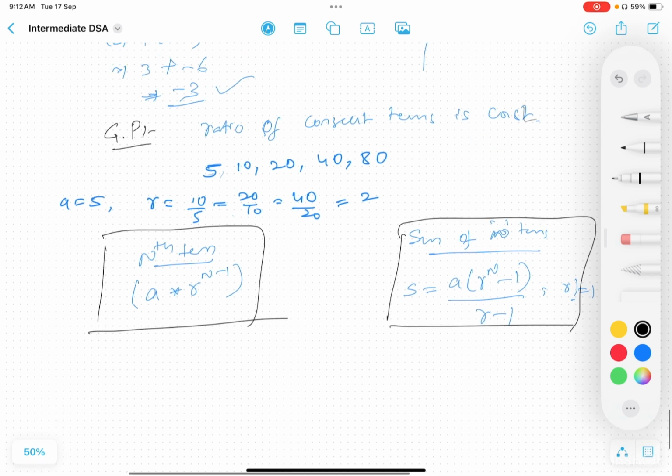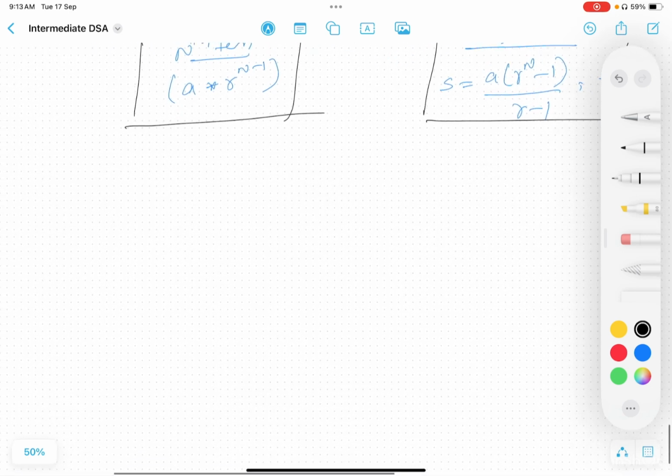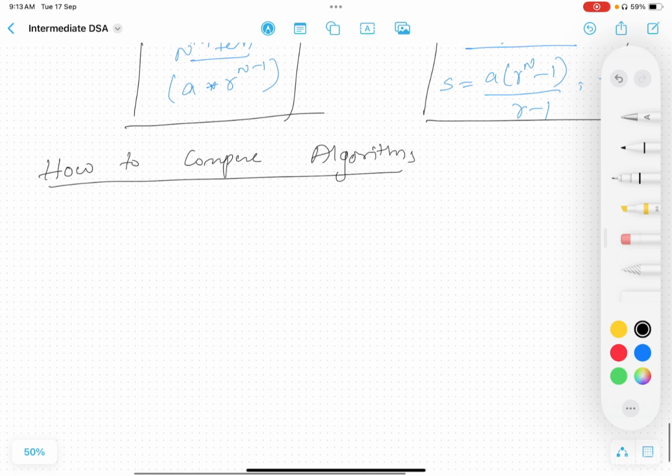Without wasting our time, we will see one important concept, how to compare algorithms. Come on. How do you compare algorithms? How do you say whose algorithm is good? Right?